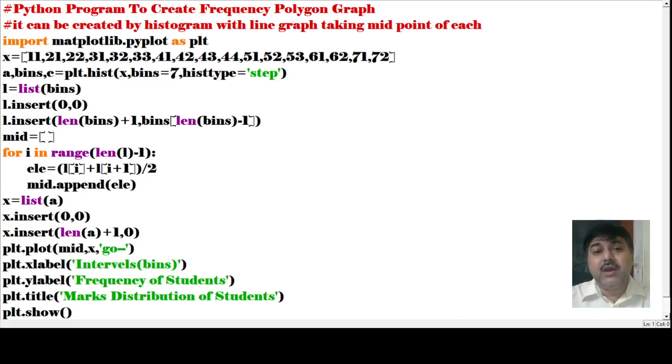Then mid.append, this is the function I am calling here. With the help of this function, we get the value of ELE, that means the middle point value, and we append it. So the append function has been called here. Then x list is A, and x.insert is 0, 0.